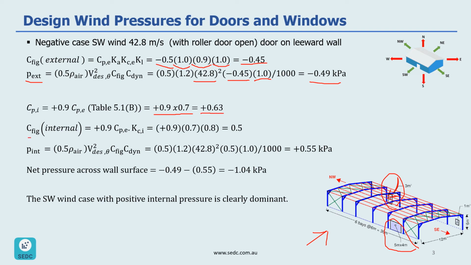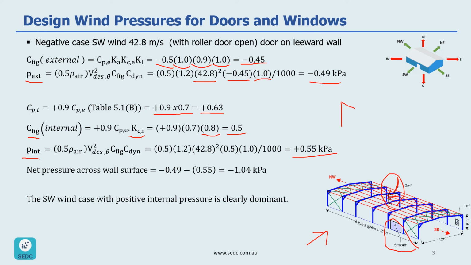Now, in order to get Cfig and I, we need to times CPI times KCI. KCI is 0.8 because it's an effective surface. So our Cfig and I would be 0.5. Now our internal wind pressure would be positive 0.55 kPa. So now we just need to combine this internal and external wind pressure to get the net pressure on our door.